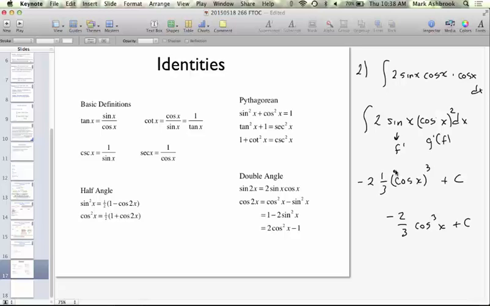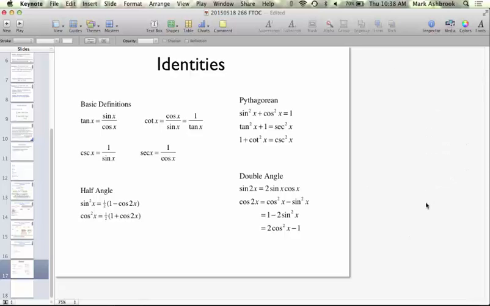Last one. Cosecant to the 4th, cotangent to the 7th. Is that what we had? Okay. So the key here is, what is the derivative of cotangent?